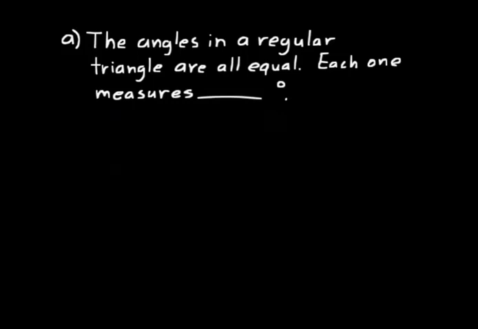We said already that the sum of the angles in a triangle adds up to 180 degrees. So if all those angles are equal in a regular triangle, they'd have to all equal 60 degrees, right? Since 60 times 3 of them would equal 180, each one measures 60 degrees. So that might be something good to remember. In a regular triangle, the angles all are the same. They all equal 60 degrees.